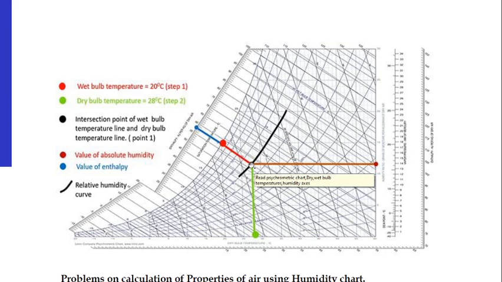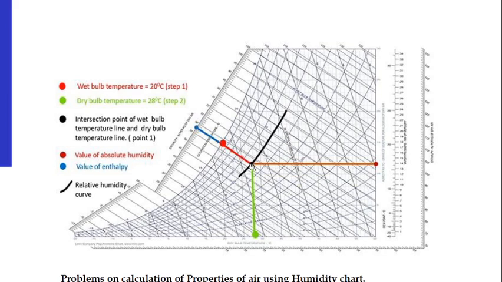The intersection point is this black dot. Identify that, and move horizontally, in a straight line, till you see the humidity value. That value is the humidity, in gram moisture per kg dry air. Then look at the inclined percent RH lines and identify the line that passes through the point of intersection.